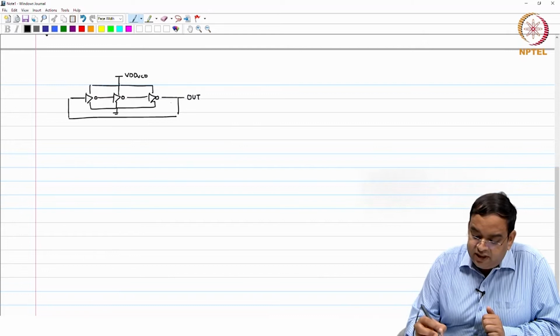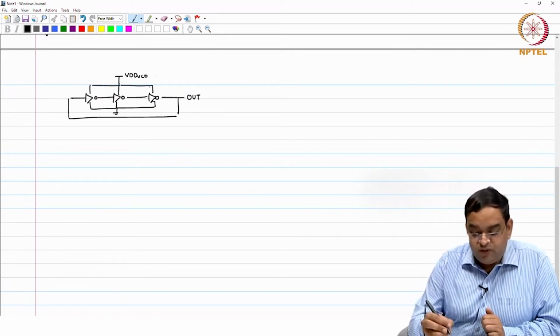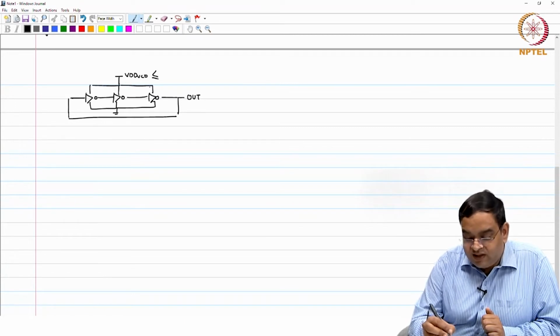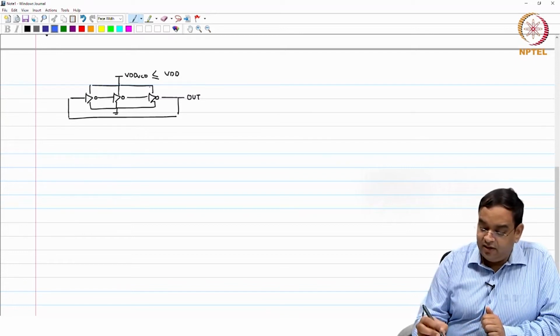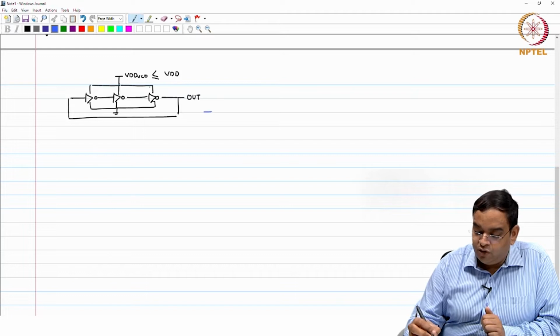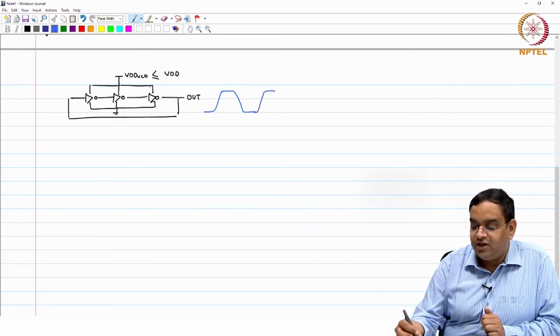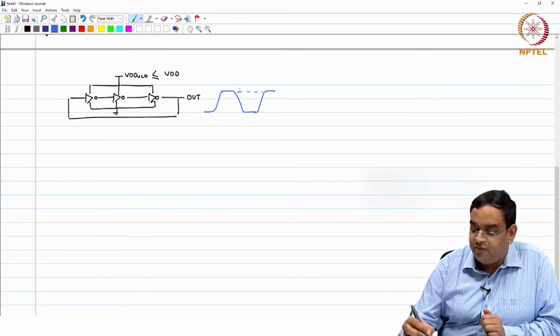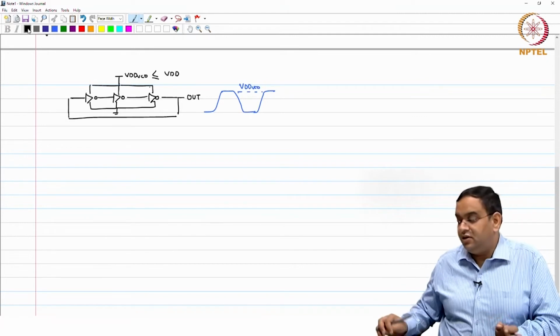So, the supply of the inverter is VDD VCO, which is always less than or equal to VDD in a given process. If that is the case, then the out signal is not going to swing more than VDD VCO. So, the swing at the output signal is limited by VDD VCO. Now, where does our logic stand?